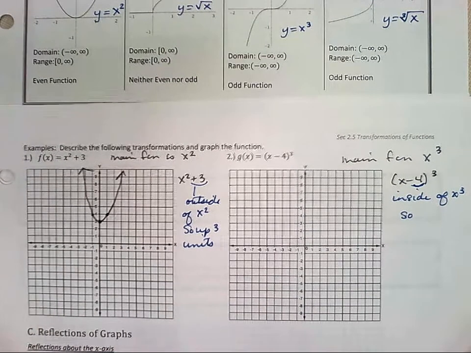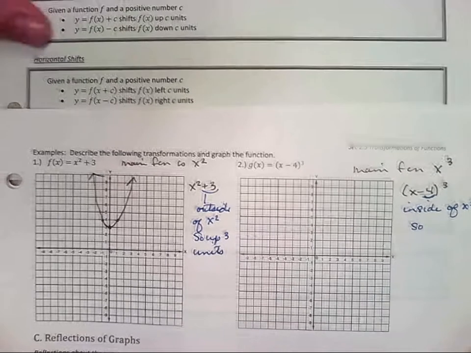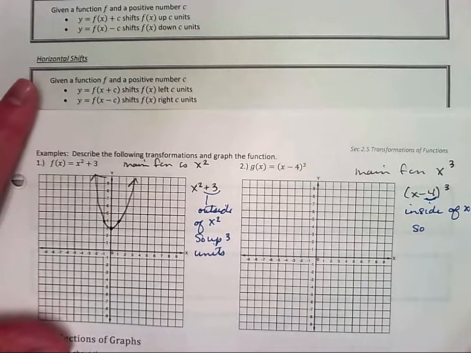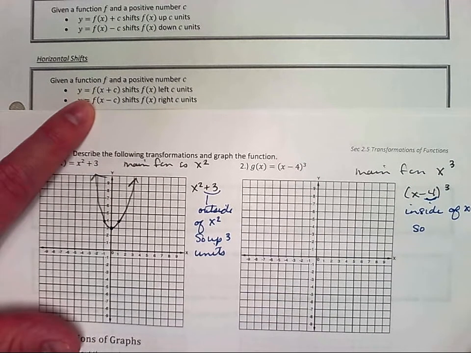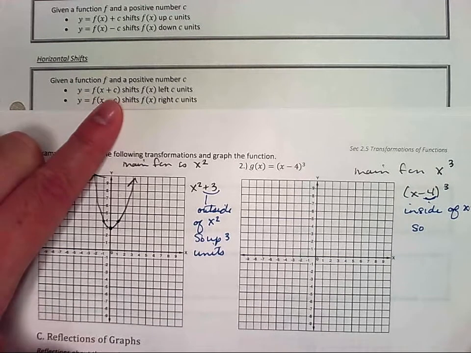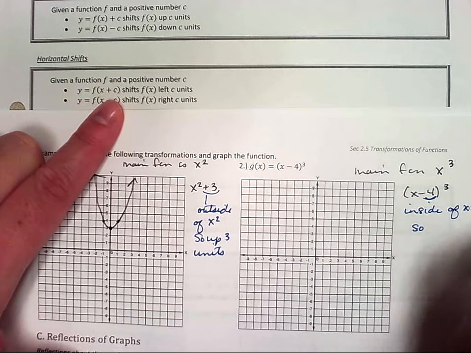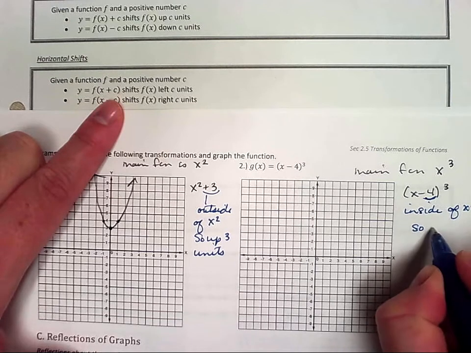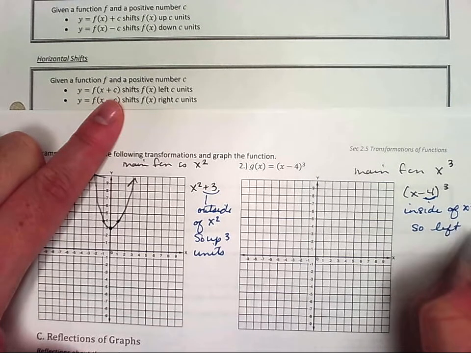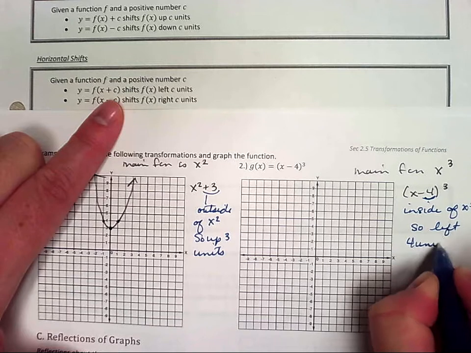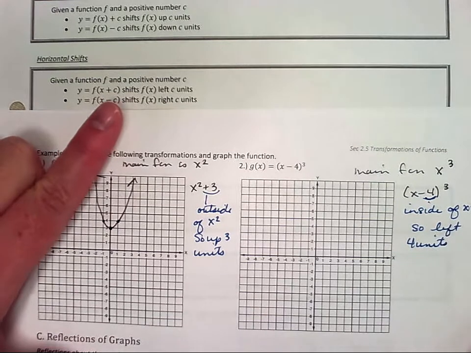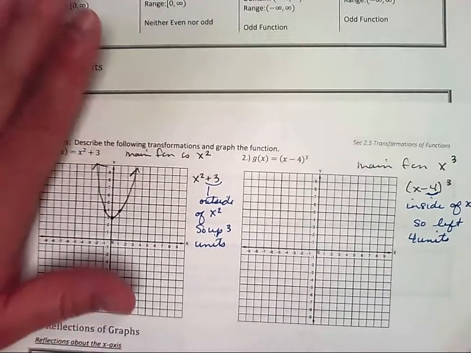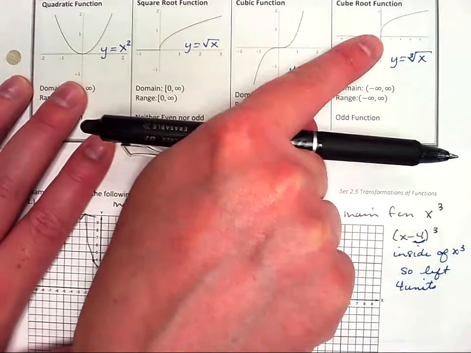So let's look at our chart, or our definitions, or whatever we want to call them. So if I add on the inside of the function, I'm going left or right. Because I'm adding on the inside, I need to go left 4 units. Okay. So my x cubed goes through the point 0, 0.